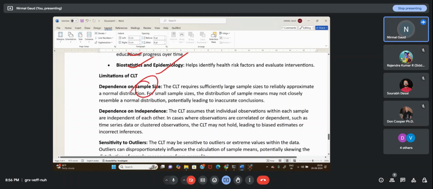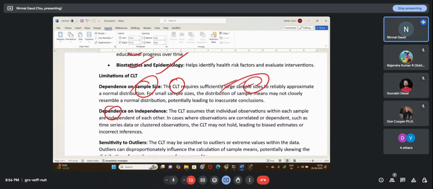Everything depends upon the sample size only. CLT is meant for sample size only. The sample size should be large. For a small sample size, no CLT is applicable. A small sample size means Student's t, and we don't have to work on the Student's t. We have to work upon normal distribution. Sample size should be more.